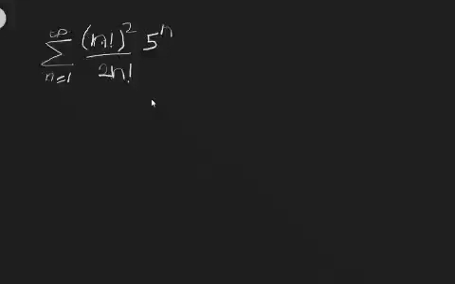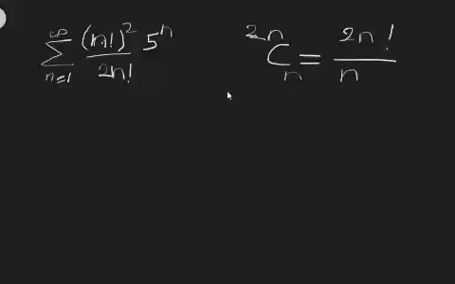So here you have (n factorial) squared divided by (2n) factorial, right? So if you look at this one and simplify it, 2nCn, which is the same as (2n) factorial divided by n factorial times n factorial.